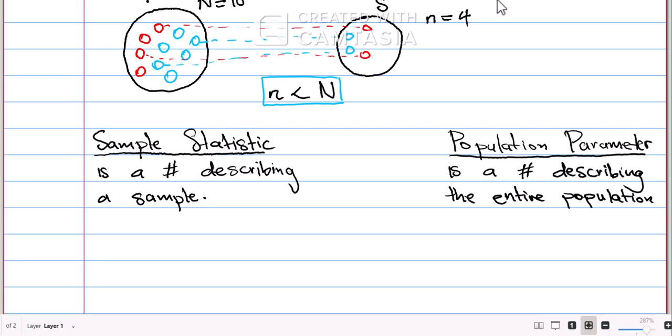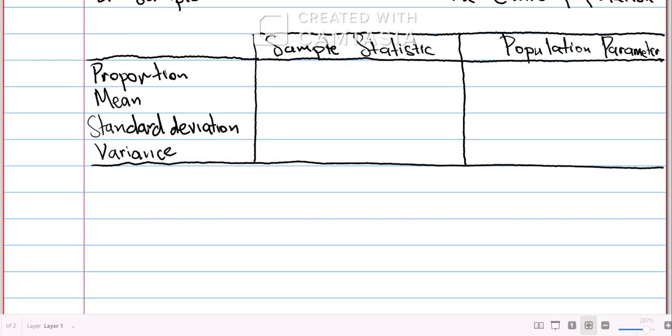They differ in symbols. I will start with the population parameters. For the proportion in the population, we use the capital letter P. If we want to measure the mean in the population, we use mu.